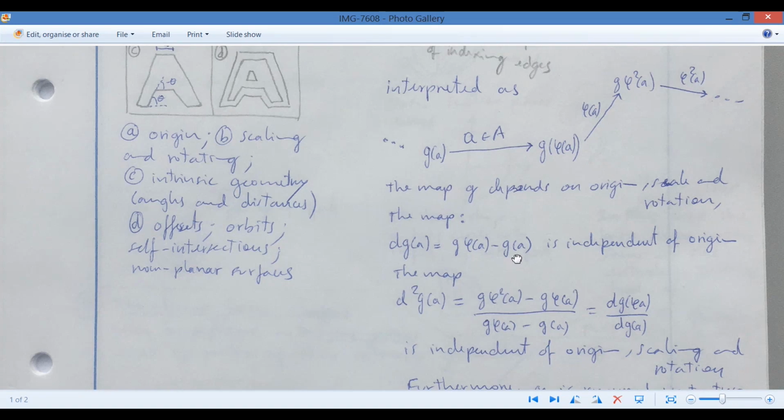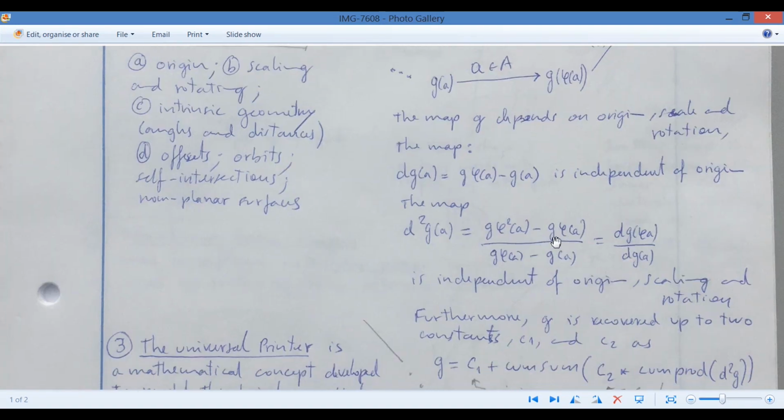And we can take the second differential, in some sense, because it's not differential in the sense of classical differential analysis, since it's discrete, just indexes, but it's the same intuition. This second differential is now independent of scaling and rotation. That's why it becomes intrinsic.